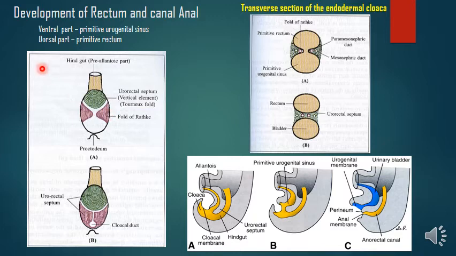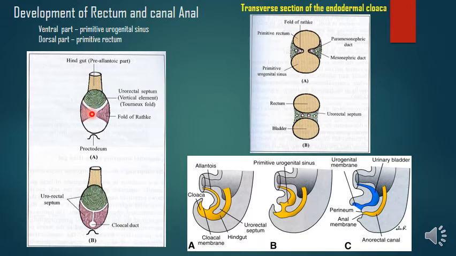The vertical segment is also called the Tourneux fold, and it grows caudally from the angle between the allantois and the hindgut, vertically downwards.